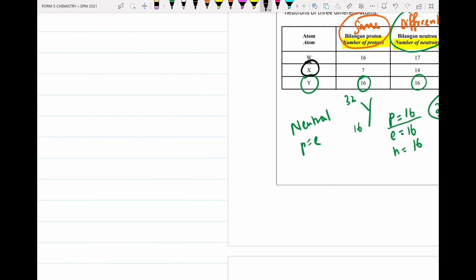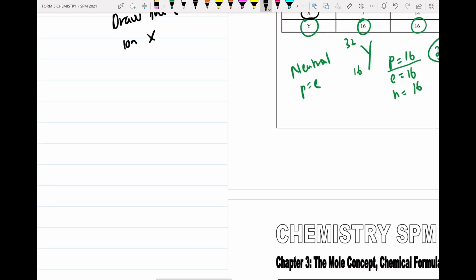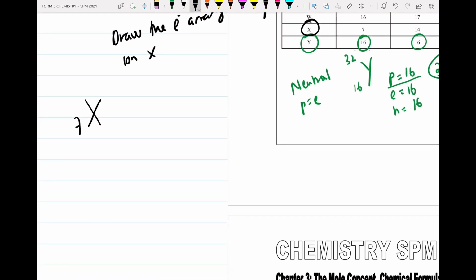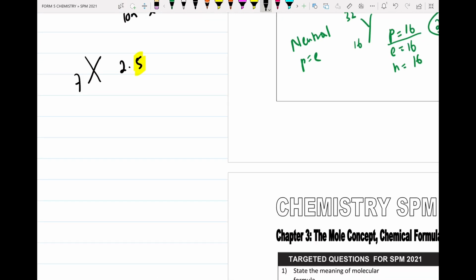So for example, let's say I take X. They ask us to draw the electron arrangement of ion X. How to draw this one? Atom X has proton number 7. The electron arrangement is 2.5. Check the valence electron. Always remember, valence electron 4, 5, 6, 7 belongs to non-metal.